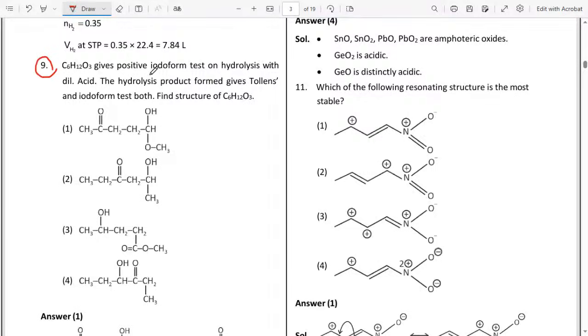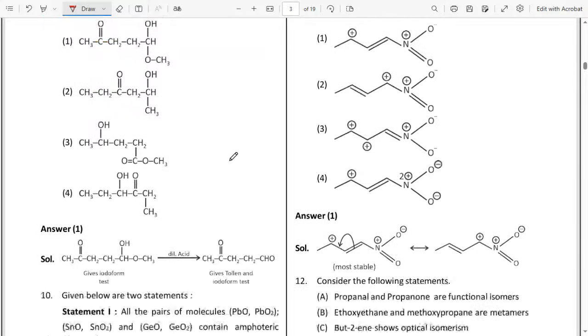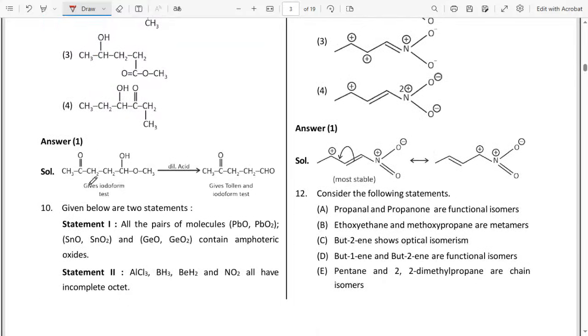C6H12O3 gives a positive iodoform test. On hydrolysis with dilute acid, the hydrolysis product gives both Tollens and iodoform tests. Find the structure of C6H12O3. What is the structure? Here it gives the iodoform test.